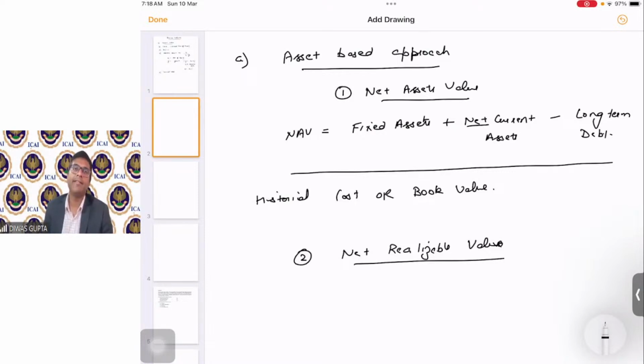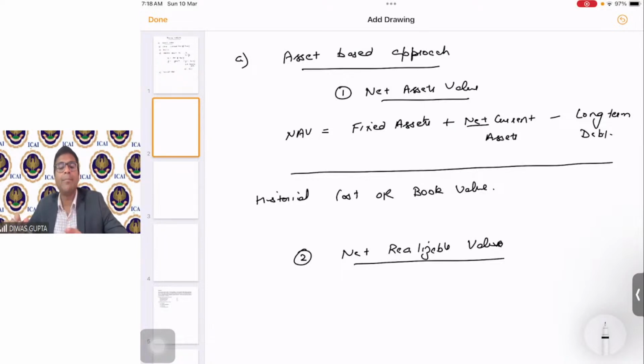Let's say I have a debtor of 10 lakhs, but I know I will not be able to realize 5% of it, because the debtor is near bankruptcy, or has no intention to pay. In such a case, my net realizable value will be 10 lakh minus 5% of 10 lakh, which is 9 lakh 50,000.